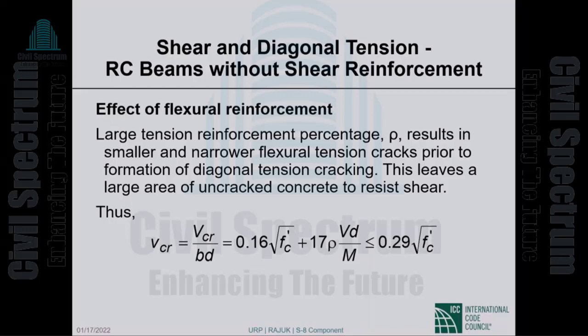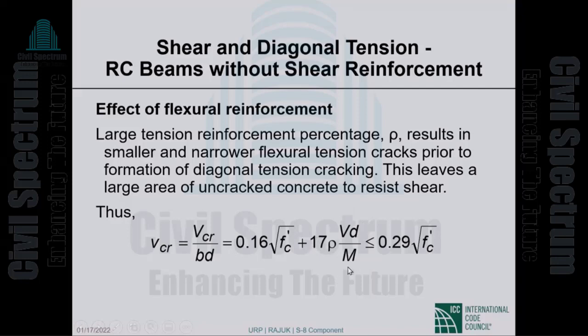This leaves a large area of uncracked concrete to resist shear. So the cracking shear stress, which would be, if we don't consider this effect, 0.16 square root of f sub c prime, goes up by this expression.